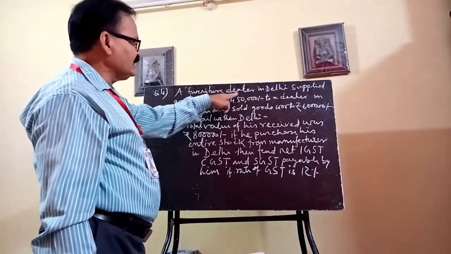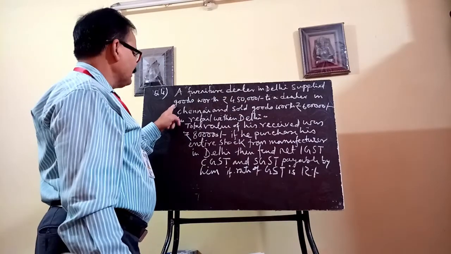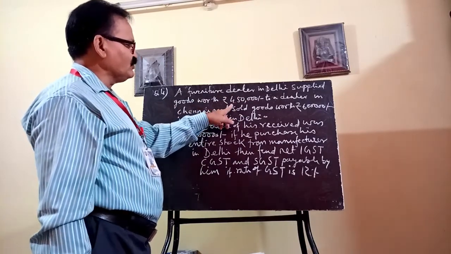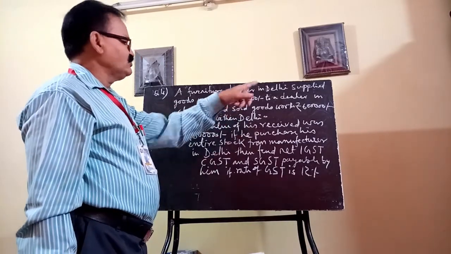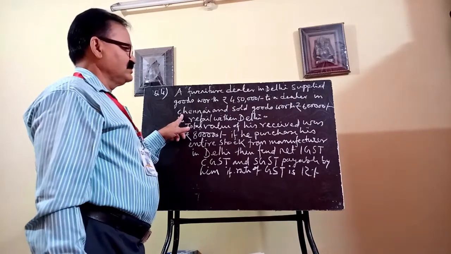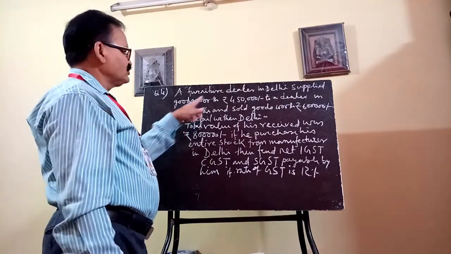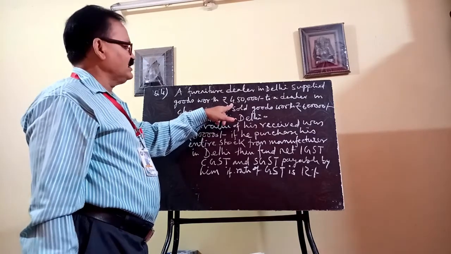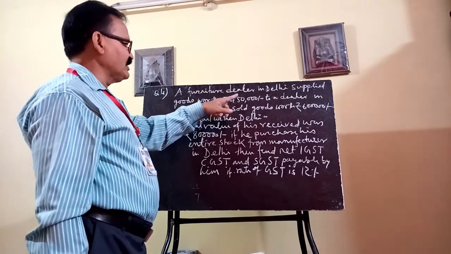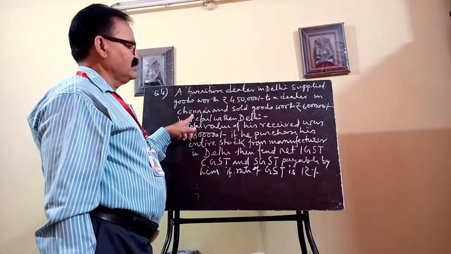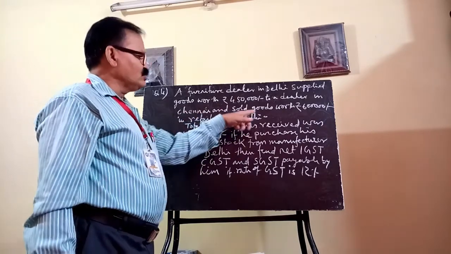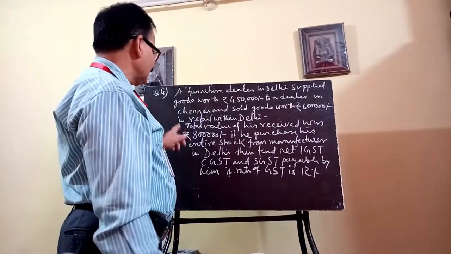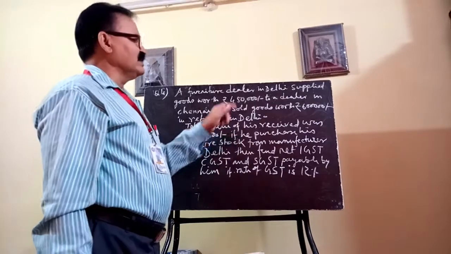A furniture dealer in Delhi supplied goods worth rupees 4,50,000 to a dealer in Chennai. Okay, so the Delhi dealer sold 4,50,000 worth of furniture to a dealer in Chennai and sold goods worth 6 lakh to a retailer within Delhi.